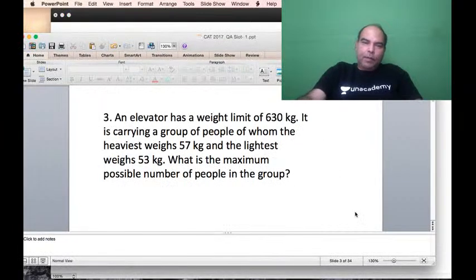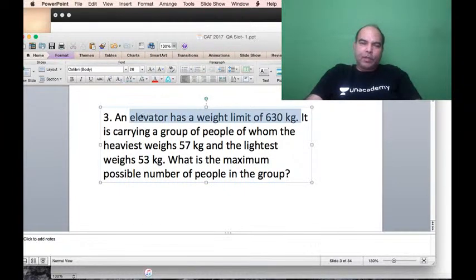Let's have a look at the third one. An elevator has a weight limit of 630 kgs. This is a simple question. It is carrying a group of people of whom the heaviest weighs 57 kg and the lightest weighs 53 kgs.